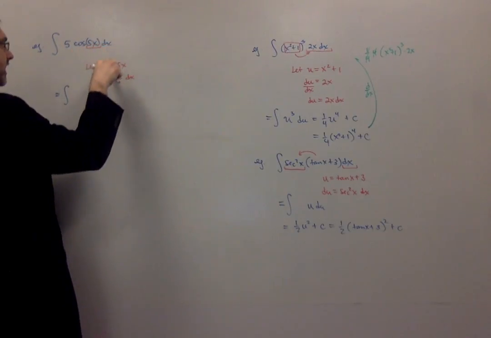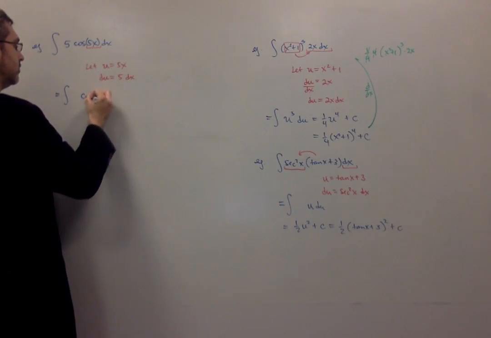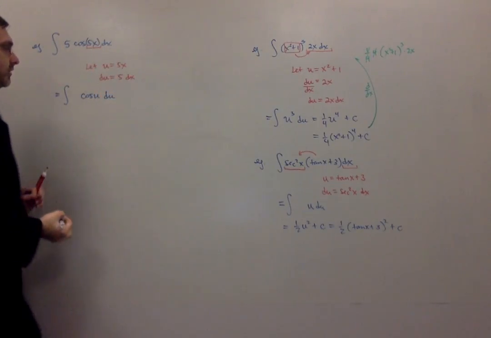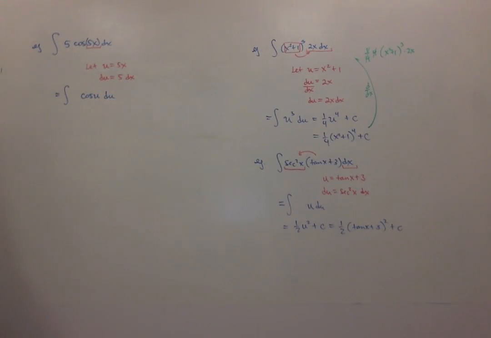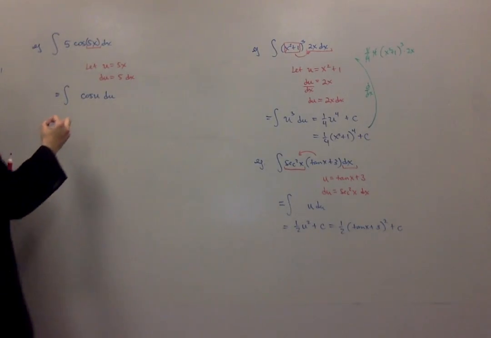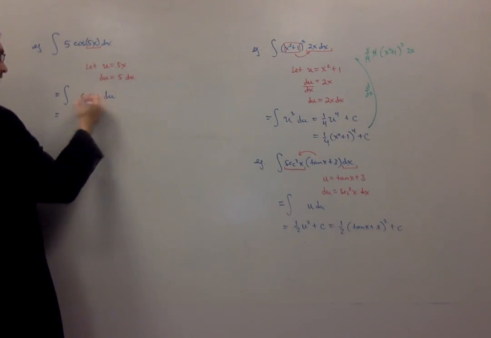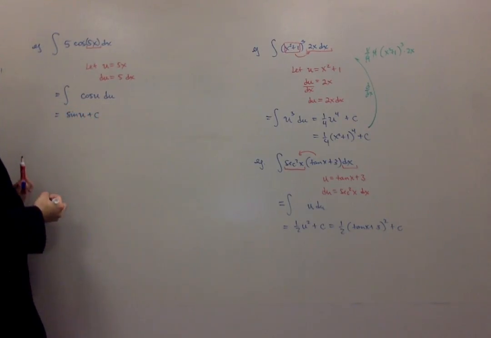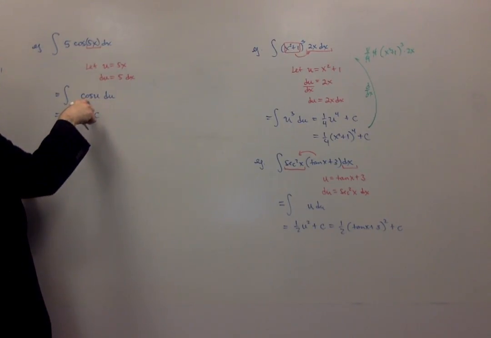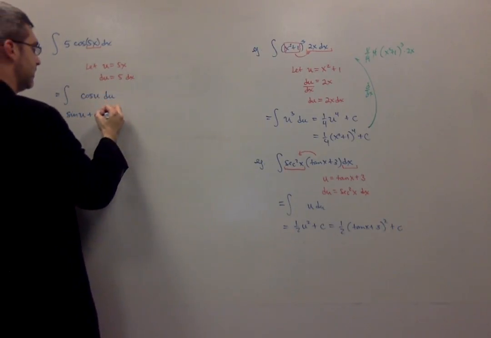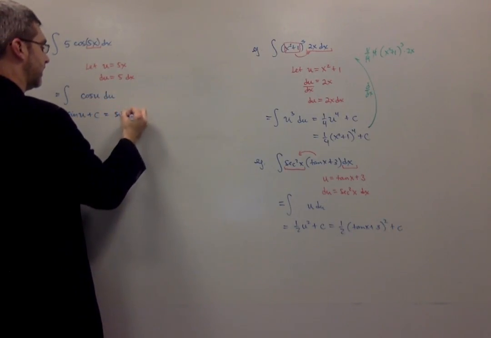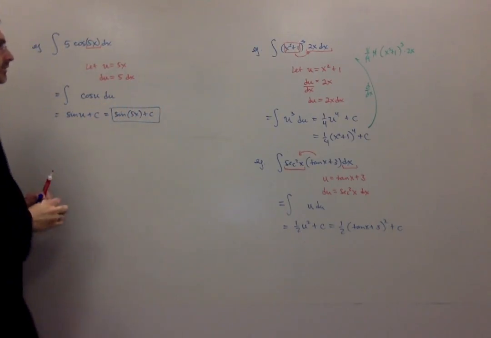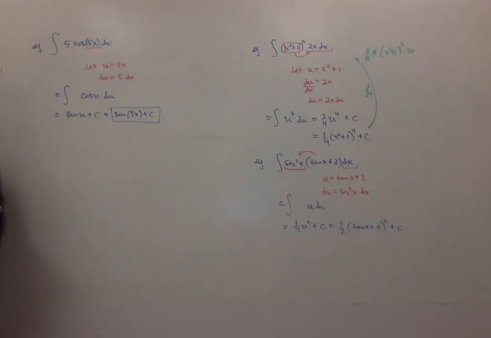Cosine of 5x is just going to become cosine of u, and then the 5 dx becomes du. So now my integral is much simpler, and I can actually do it. The antiderivative of cosine is sine, because the derivative of sine is cosine. And then I'm just going to stick that 5x back in there. Does that make sense?